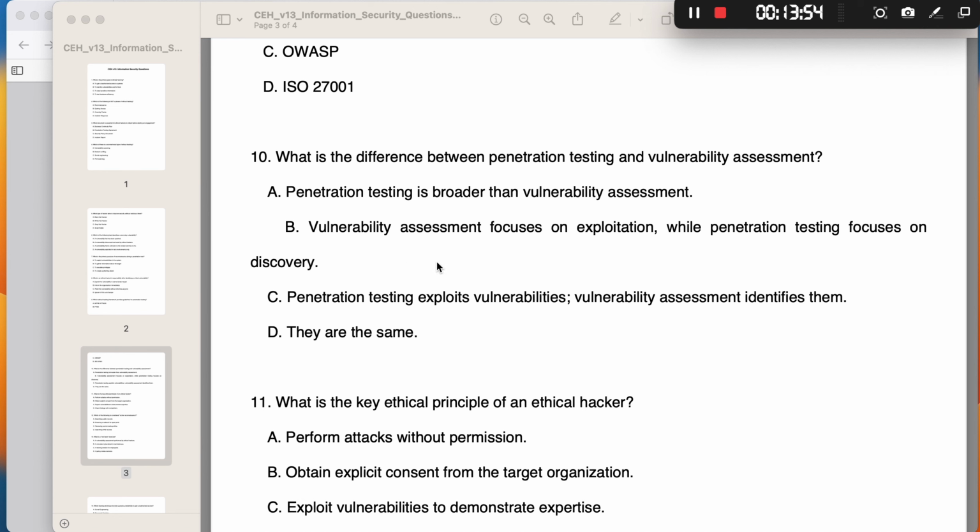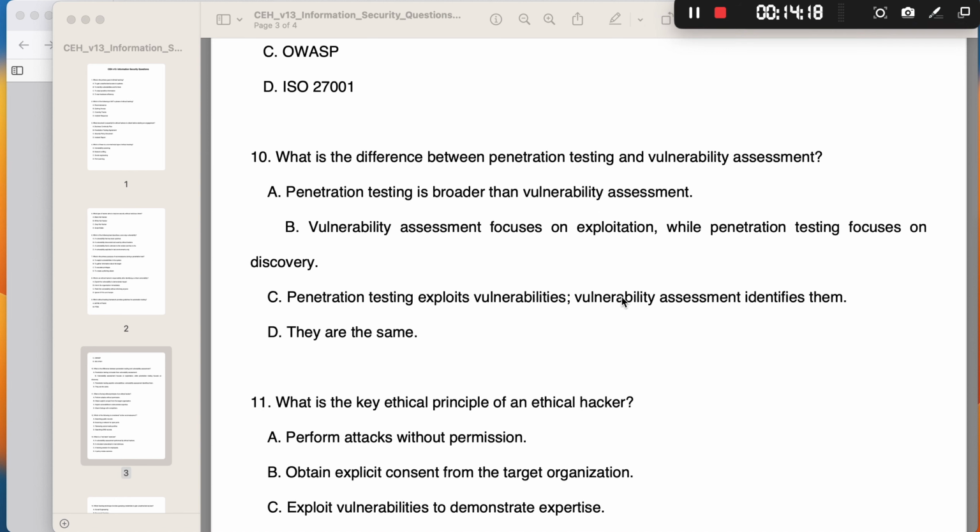The other option, vulnerability assessment focuses on exploitation, while penetration testing focuses on discovery. The other option, penetration testing exploits vulnerabilities, vulnerability assessments identify them. And D is they do the same. What do you think the difference is?